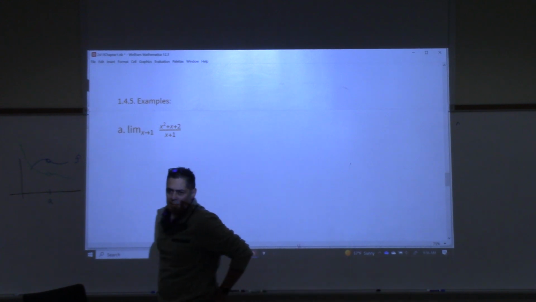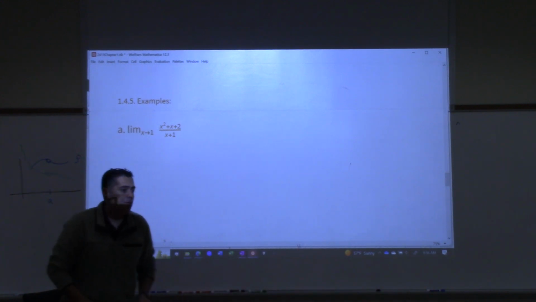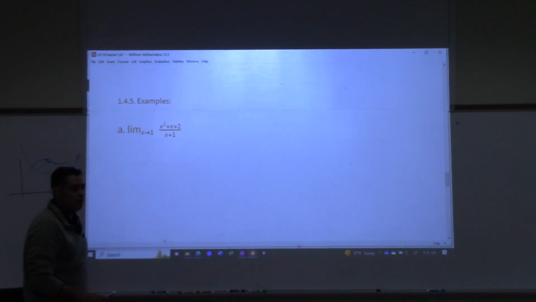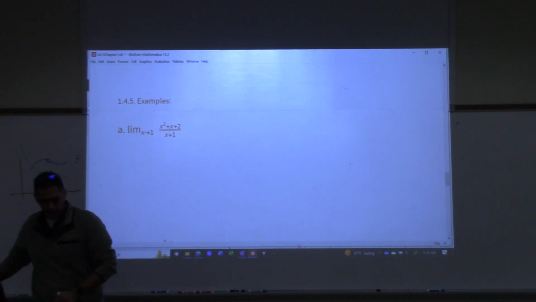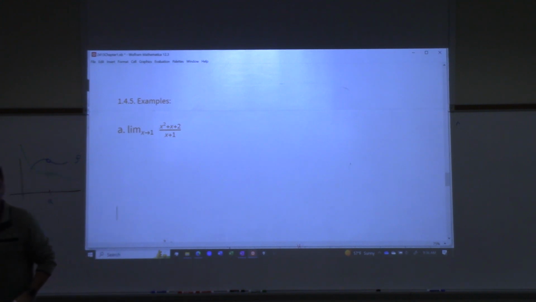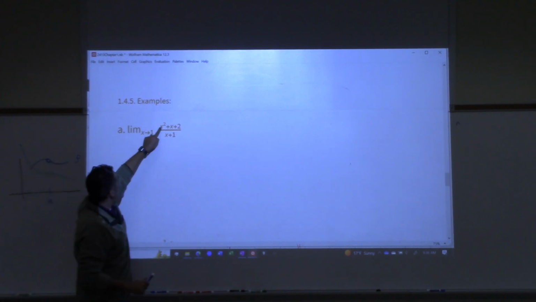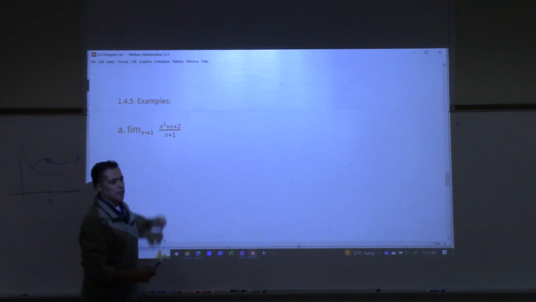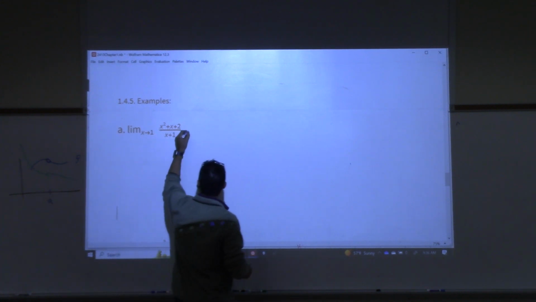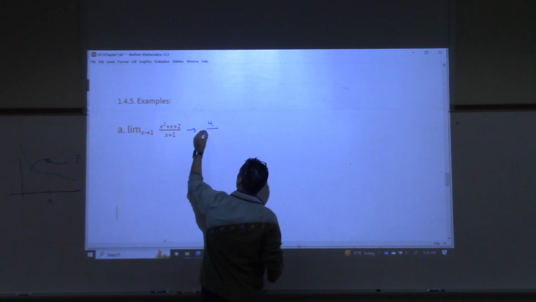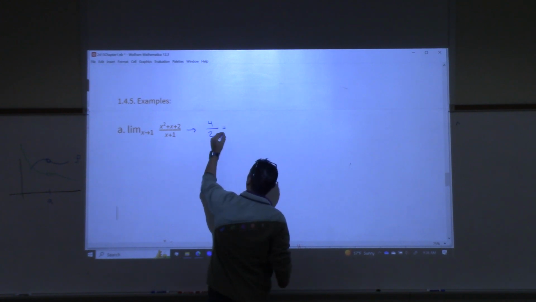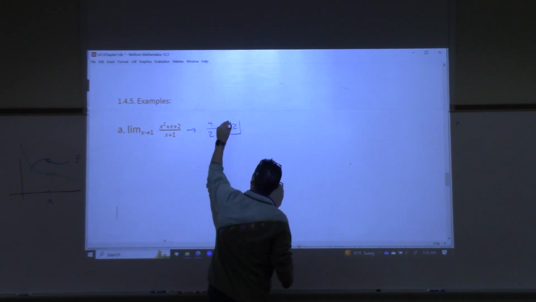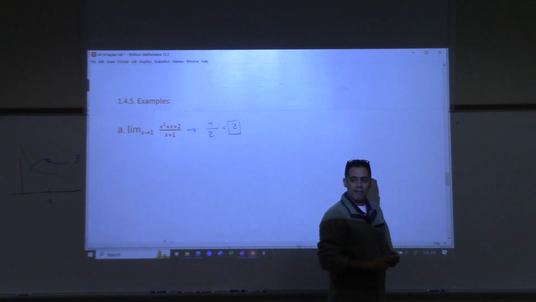It's a function we've dealt with in the past, right? So we look at where we're headed. What is x approaching here? 1. Okay, so we just have to check to make sure. Can we plug 1 in there without any issues? Yeah, right? 1 squared plus 1 plus 2. So the top goes where? 4, and the bottom goes to 2, and 4 divided by 2 is 2, and we are done. The answer is 2.